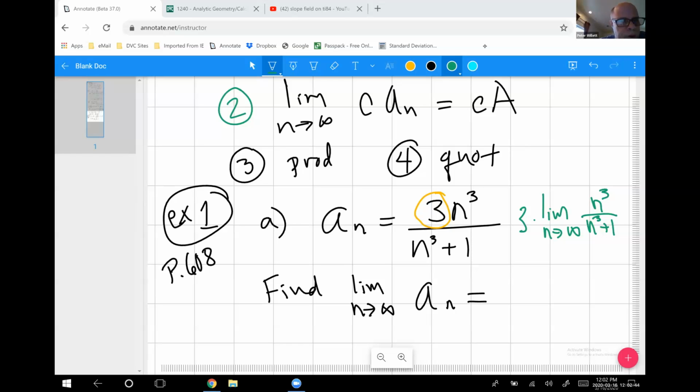Or if I reverse that, if the top stayed as a 3rd power on the n and the bottom was n to the 4th plus 1, I still have infinity over infinity because they're both going to infinity. But now, because the bottom is of a higher power, the entire ratio, instead of going to 1, would go to 0. If they're the same powers, we can say it's a 1.